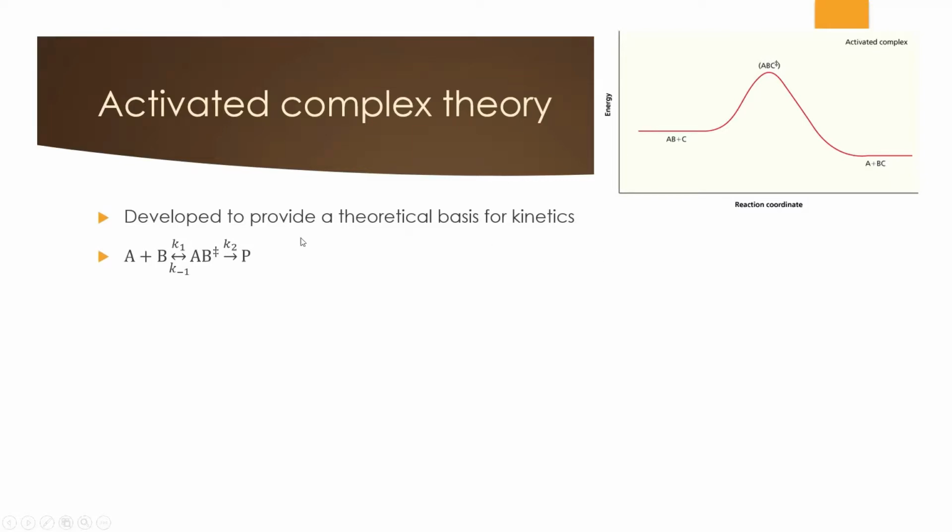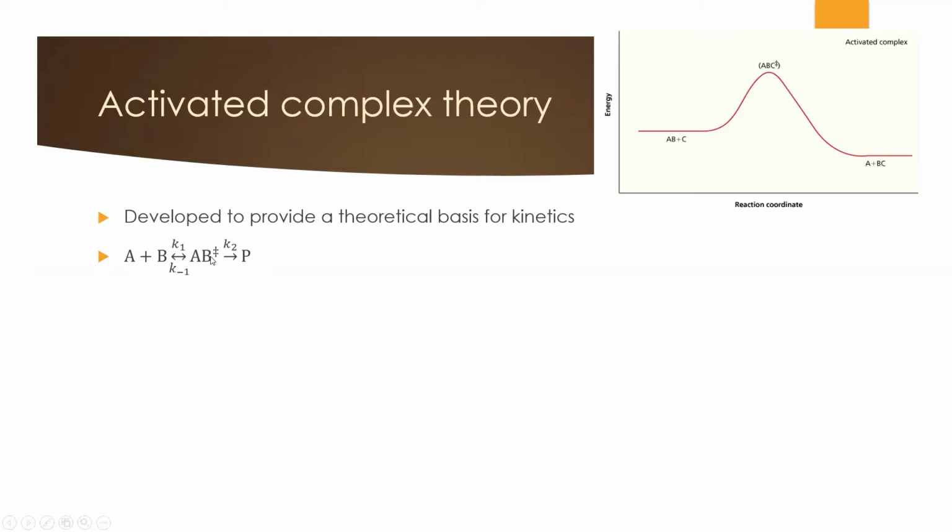So consider the reaction here where we have A plus B goes to an AB transition state, and it can either go back to A and B or it can make product. Very similar to what we just did for diffusion controlled reactions. What we're going to do in this case is assume that equilibrium is established between A plus B and AB.